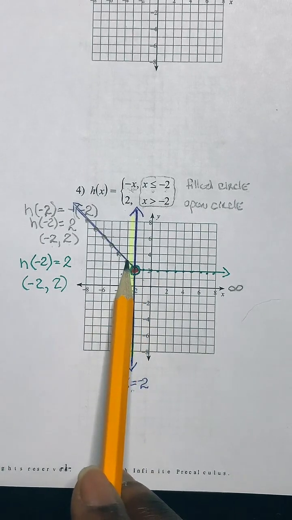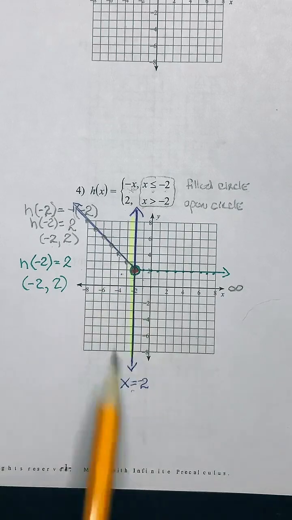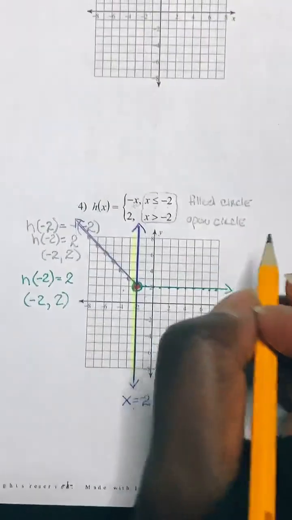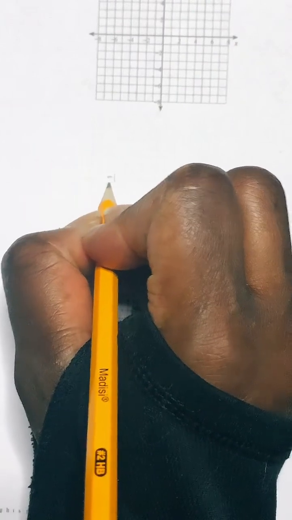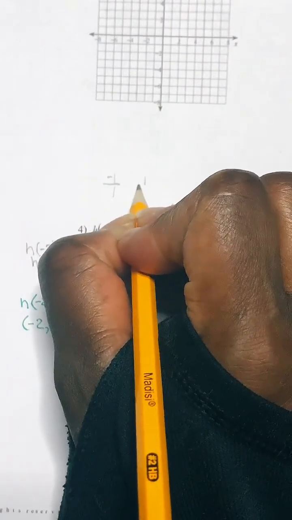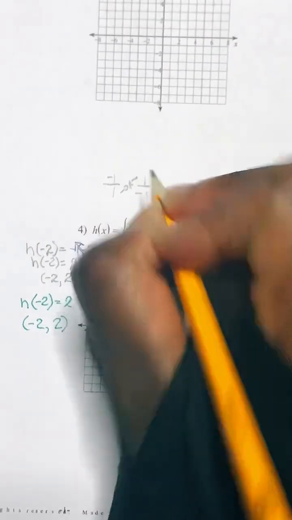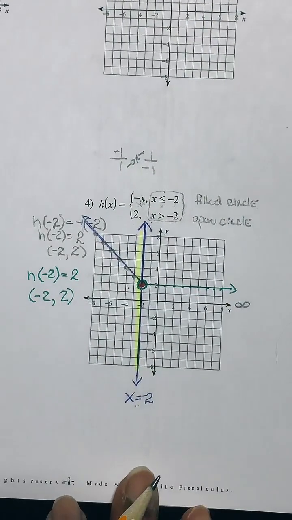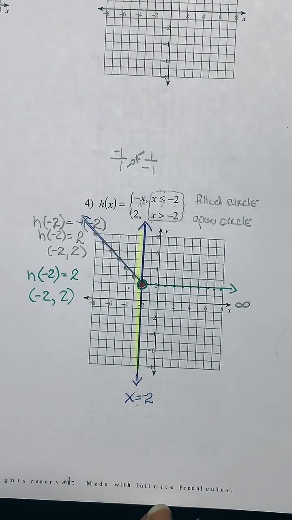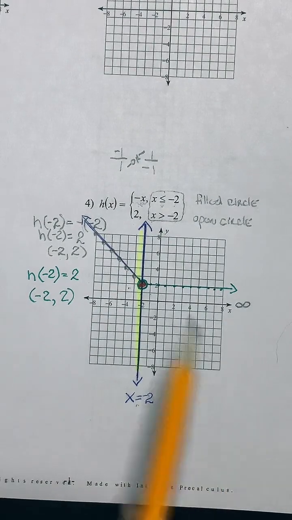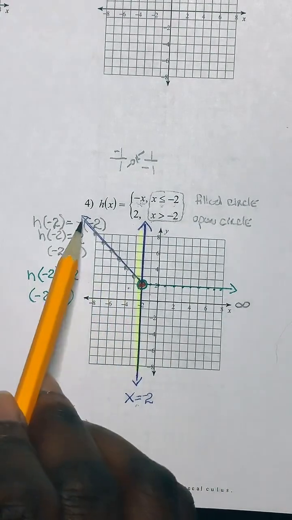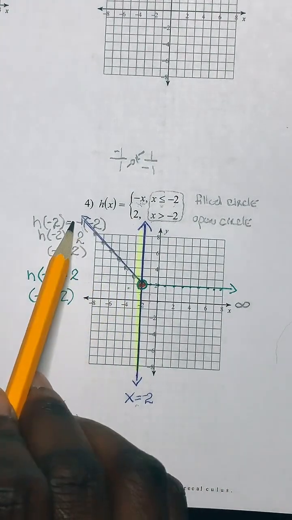That's still a negative slope. Remember, when you have a negative slope, either the numerator or the denominator is negative. Okay, makes sense? Once I got my pattern, I draw my line.